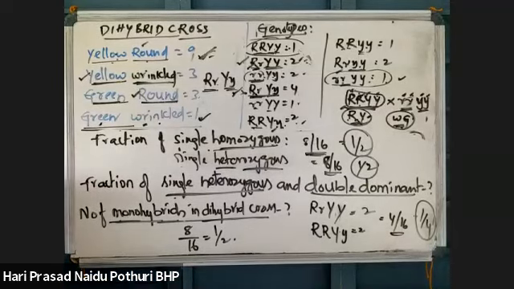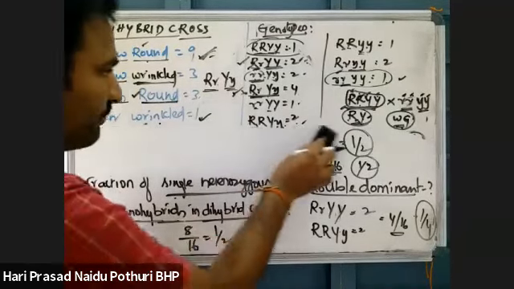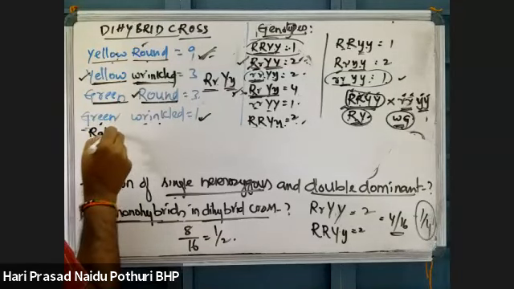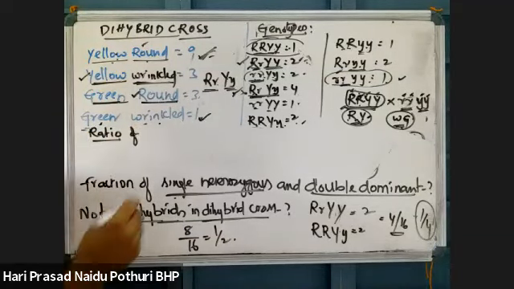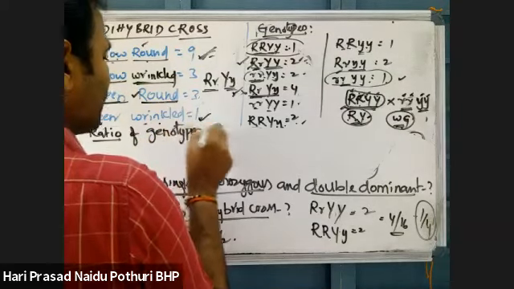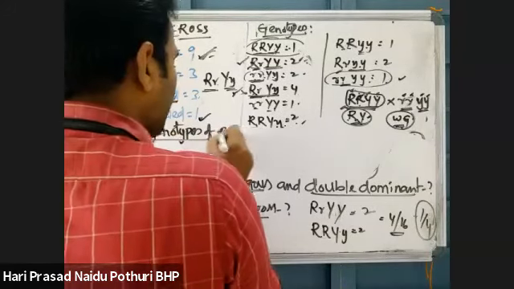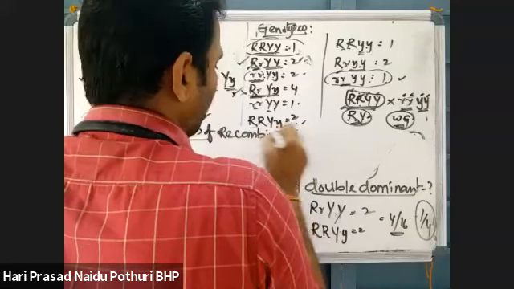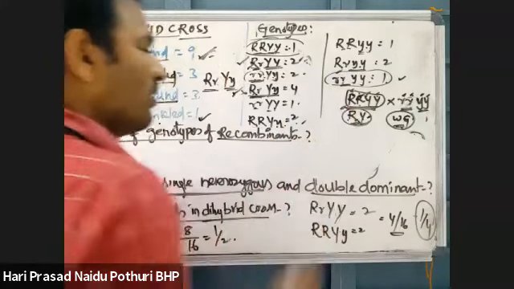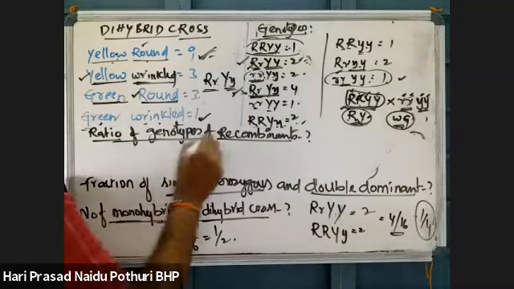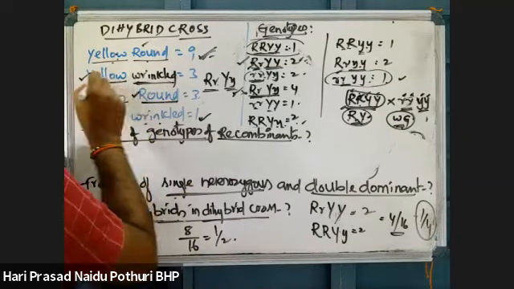And one more question. This is somewhat critical. Ratio of genotypes of recombinants. What is a recombinant?